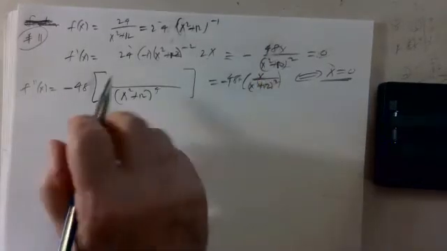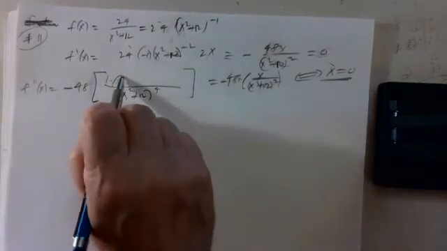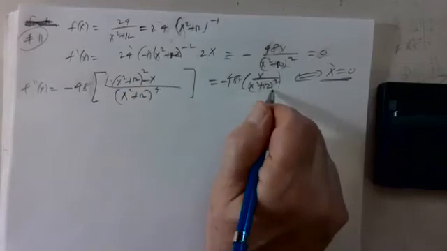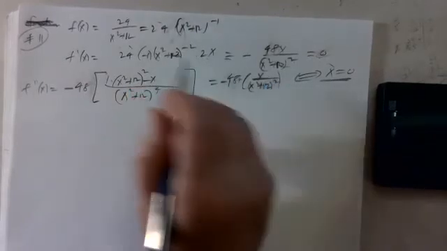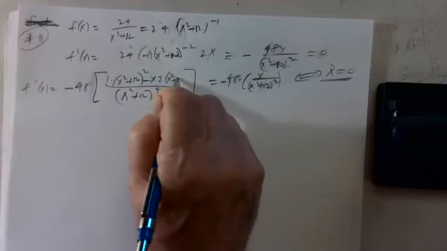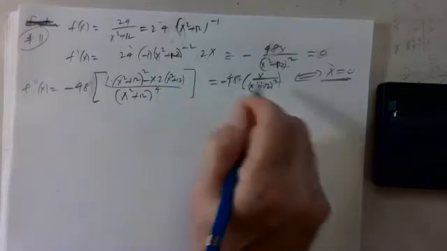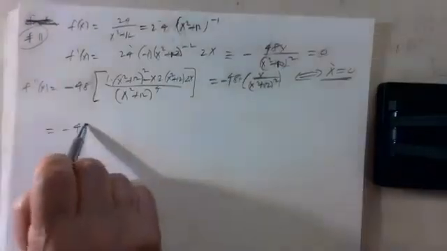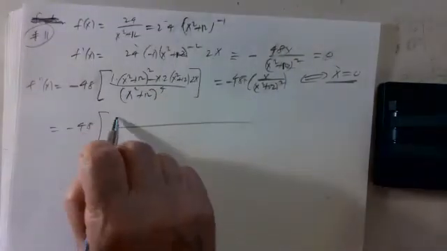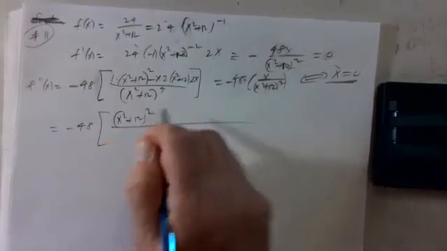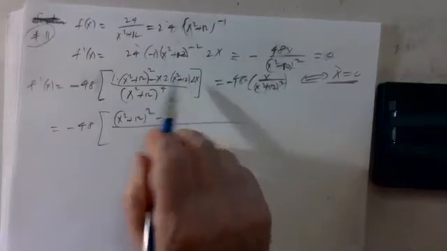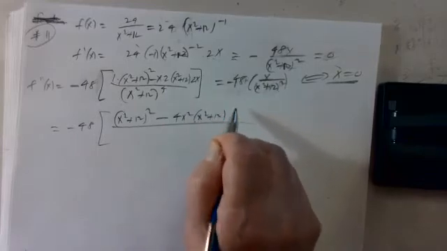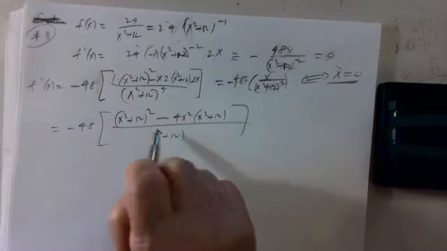It's the derivative of the numerator, which is 1, times the denominator, minus the numerator times the derivative of the denominator, which is 2 times x squared plus 12 times the derivative of x squared plus 12, which is 2x. So this is minus 48 times x squared plus 12 squared minus 2x times 2x, that's 4x squared, times x squared plus 12, over x squared plus 12 to the fourth.